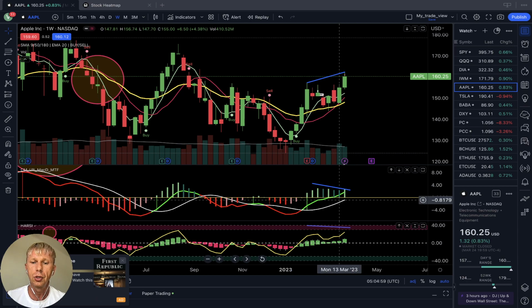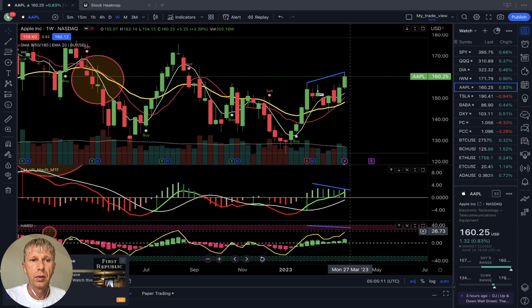MACD green bullish, Fibonacci green bullish, RSI bullish territory. All indicators bullish for Apple weekly, similar like Qs, and we know why, because Apple is 25% of the Qs, and that's why Qs and Apple bullish on weekly time frame.